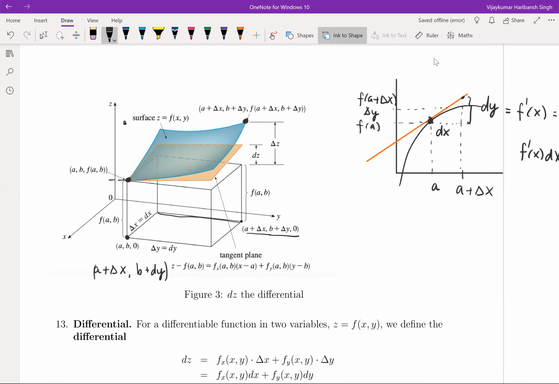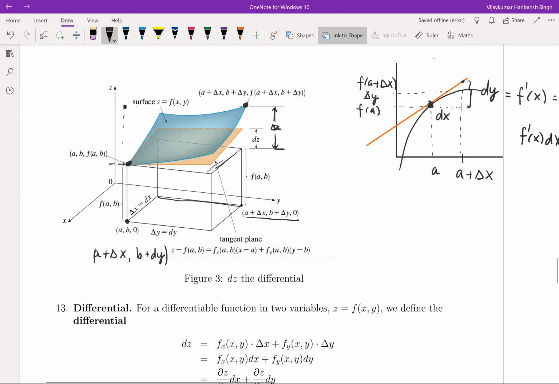Since we are looking at the 3D perspective, all these horizontal points in this box have the same values of y. So your function changes from here to this point here. This can be seen as delta z. So what is your delta z?